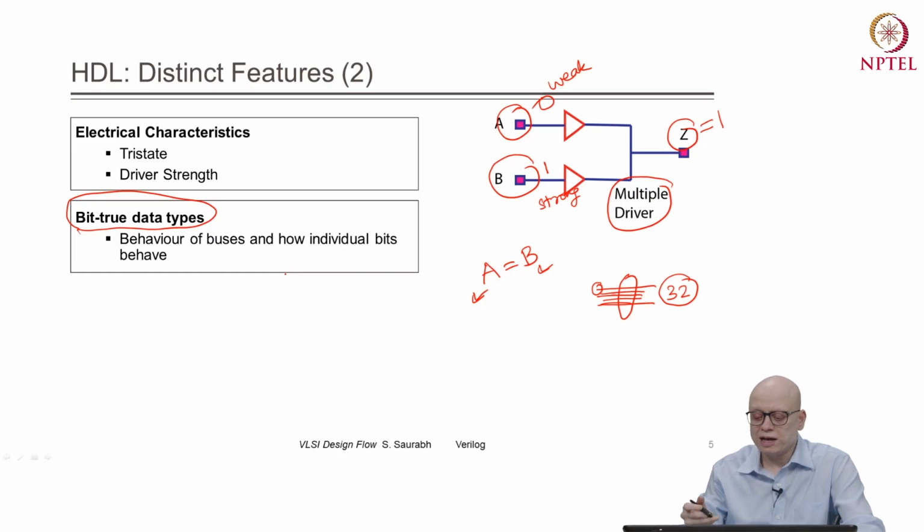Maybe one abstraction level is a bus, and the other abstraction level is a bit of that bus. So, the hardware description language should support various kinds of abstraction levels of signals.